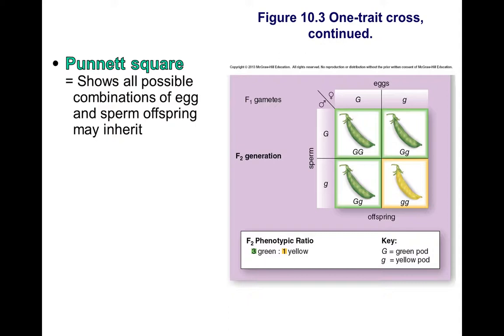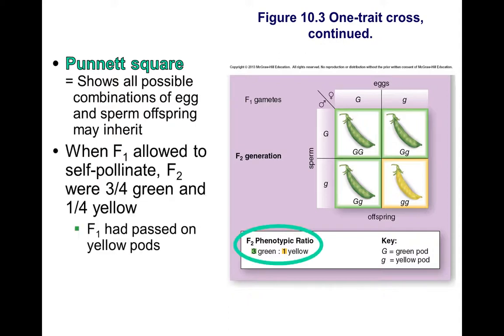Wow. What does it tell us then? Well, we see that 3 of the babies in the F2 generation are going to have a green phenotype. Remember, this was that they will look green. And one will look yellow, so it has a yellow phenotype.